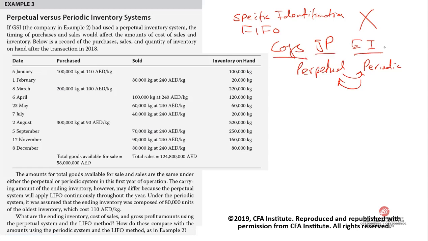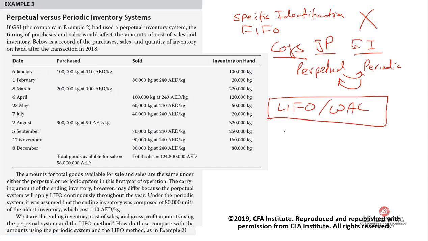But in last in, first out, and weighted average, if you go from perpetual to periodic and periodic to perpetual, then cost of goods sold, ending inventory, gross profit, everything is going to change.